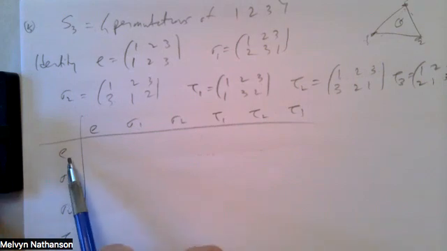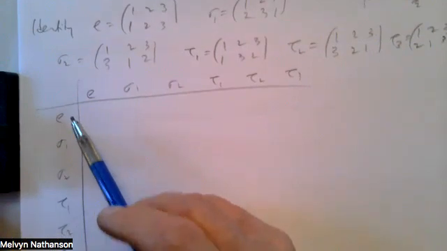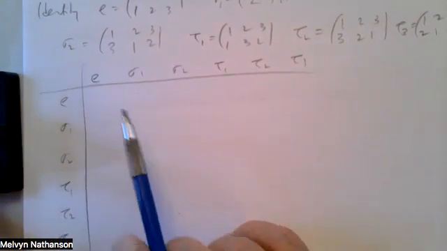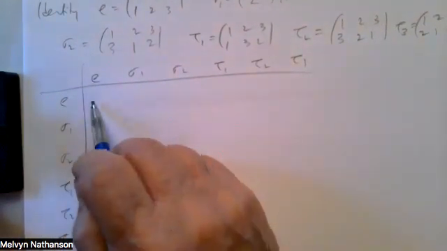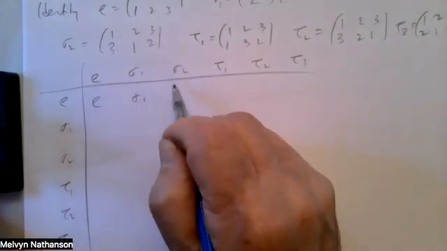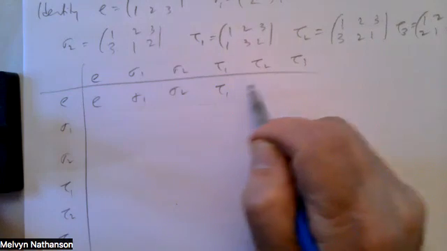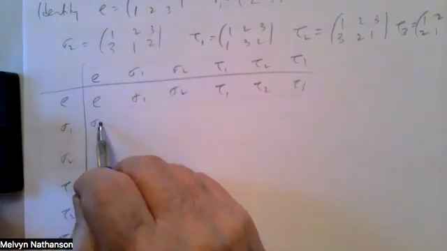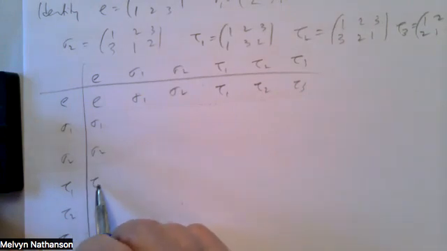Now, the identity is the identity. Multiplying anything by the identity doesn't change it. So E times everything is itself. E times E is E. E sigma 1 is sigma 1. E sigma 2 is sigma 2, and so forth. And sigma 1 times the identity is sigma 1, and similarly for all the rest.